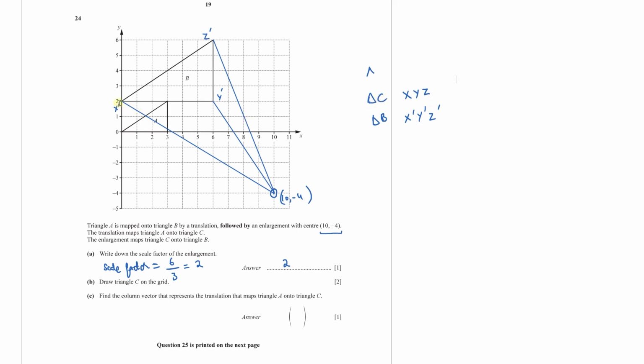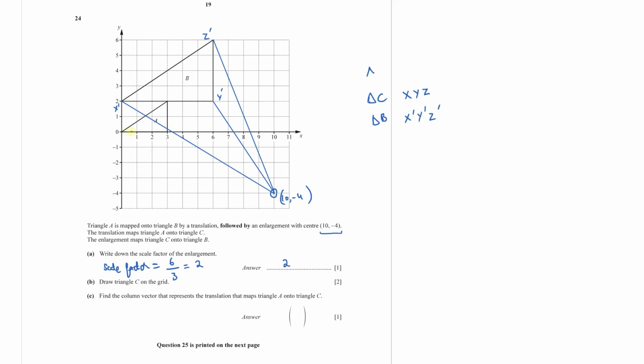So this line is passing through the point X, so X is somewhere on this line.